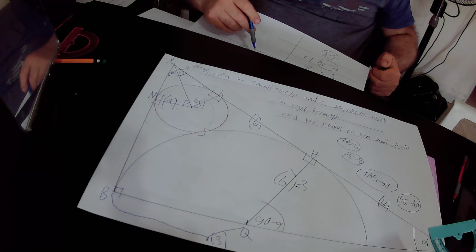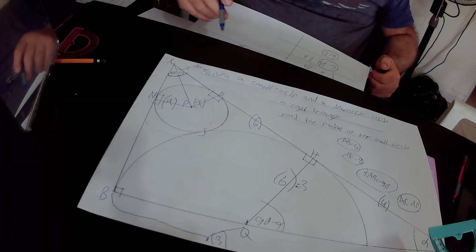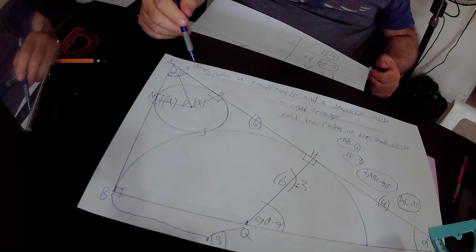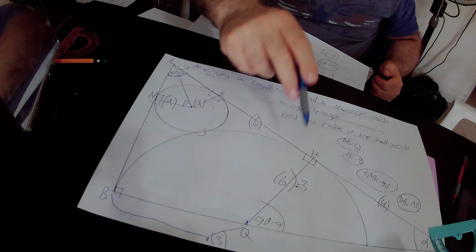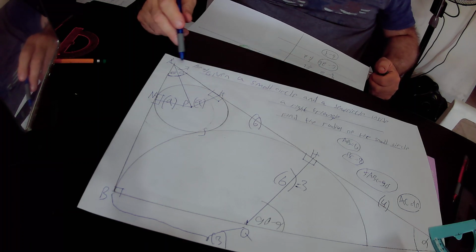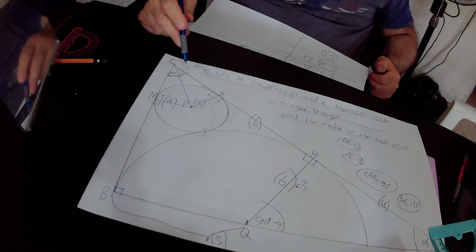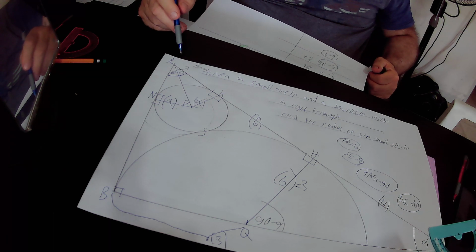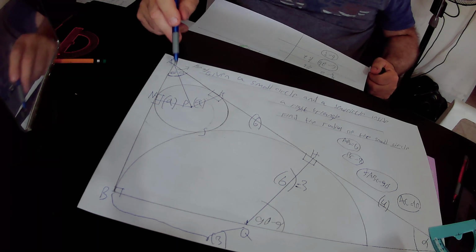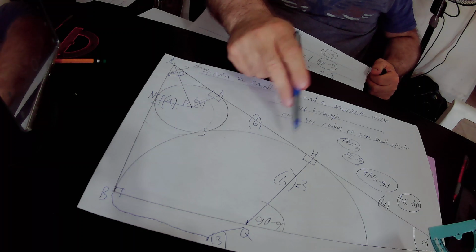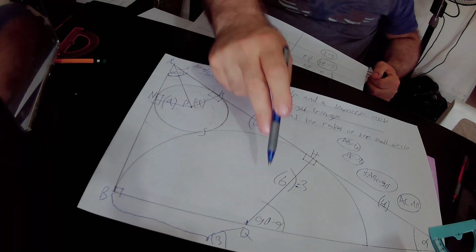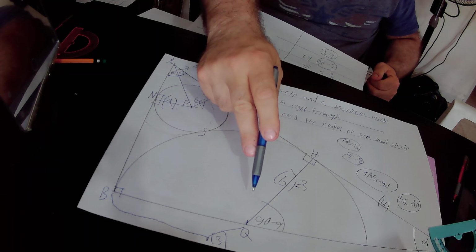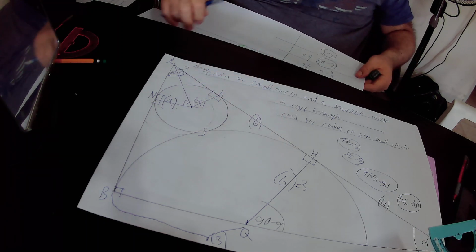According to rule 15, the angle bisector of this angle A must pass through point Q, that is the center of this semicircle. Repeat again, the angle bisector of this angle A that was created by drawing two tangents AB and AH towards this semicircle must pass through point Q, the center of this semicircle.